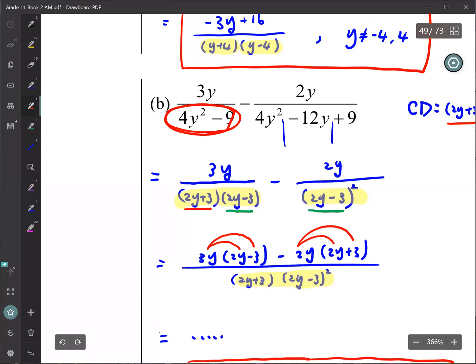Do you see it? Yeah. Okay, 2 terms, and it has a subtraction in the middle. So you use the formula for that. That's the difference of squares, okay?